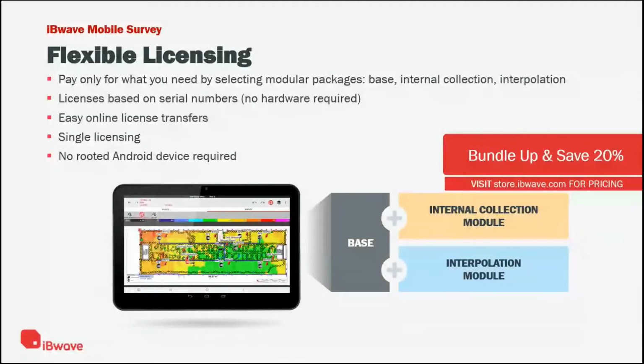So you have the base, which is basically the old mobile node you had. No survey possible except with third-party collection tool, no interpolation possible. And then we have two modules: one is the internal collection module to do the survey for Wi-Fi or cellular or both on the same module, and then the interpolation module to see the heat map based on the data.